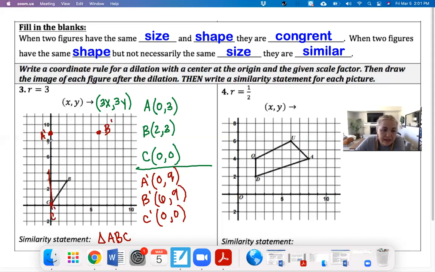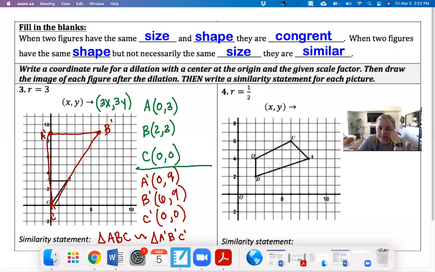When I connect these, they are the same exact shape, but the primes were just enlarged. So I'm going to use this symbol. It's not the congruent symbol, which has an equal sign underneath it. Congruent means same size and shape. This one is similar, which is just that single squiggle. ABC is similar to A prime, B prime, C prime.